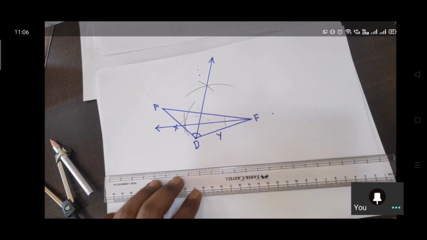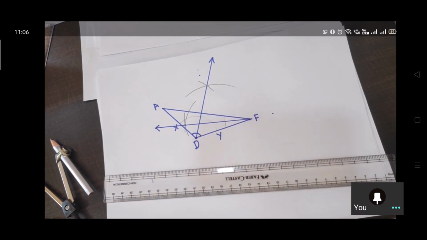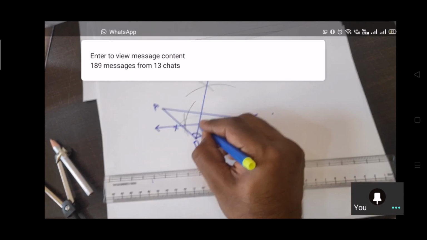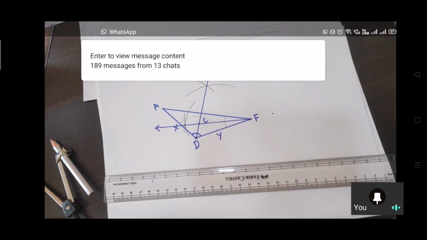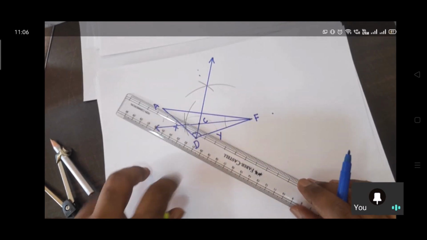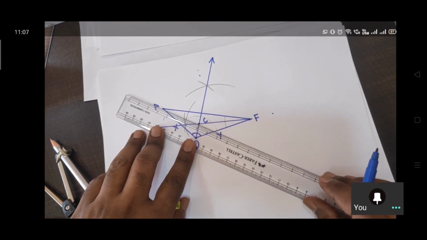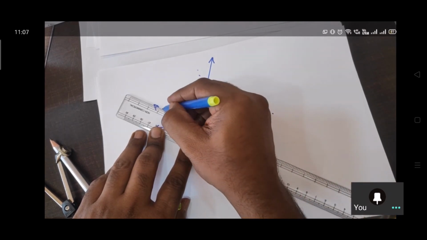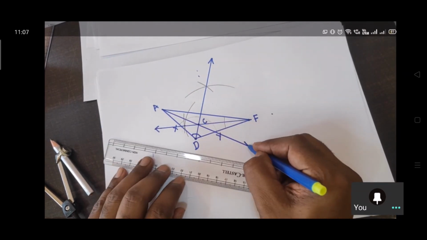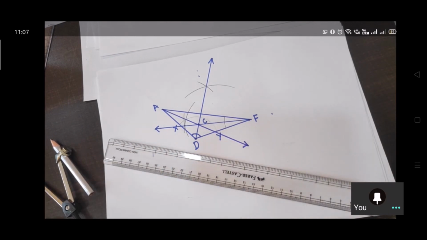We have to draw like this, and similarly just give here point C where these two rays are intersecting each other. That's all for today's lecture.